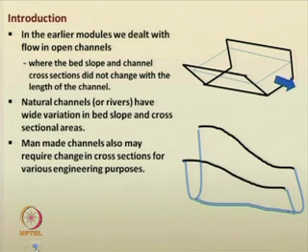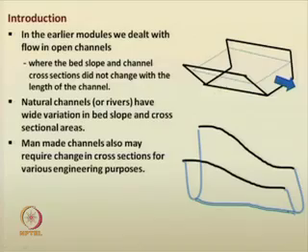So, if you look back into the previous modules, what did we observe that is related to the channel bed and the channel width, the cross sectional width? You have seen that in most of our analysis, we have followed the prismatic nature, or the prismatic section, and it is being carried forward.